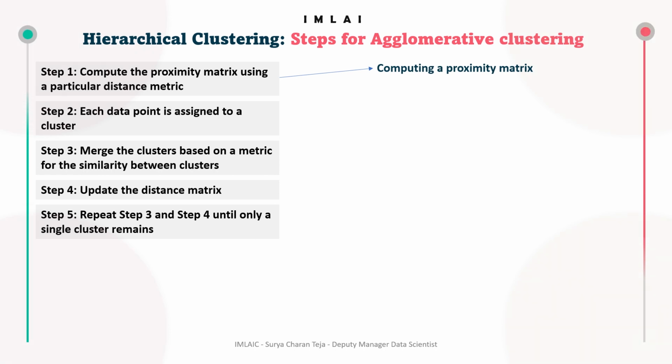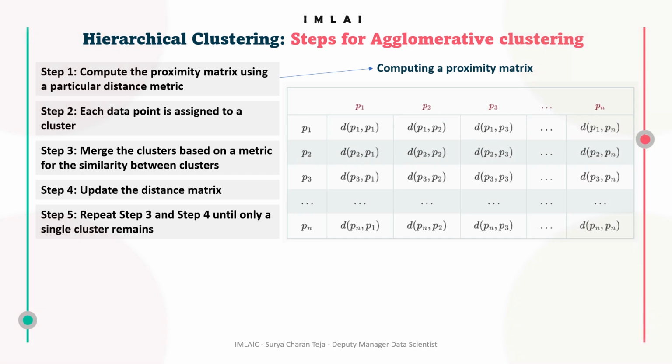Let's deep dive into each and every step. Obviously we have gathered our data set. Now it's time to deep dive into each and every single step of agglomerative clustering. Step one is to compute the proximity matrix using a particular distance metric. This is how it looks. We'll take the P1 point and P2 point, and we will calculate the distance between each and every point: P1, P1, P1, P2, every point.